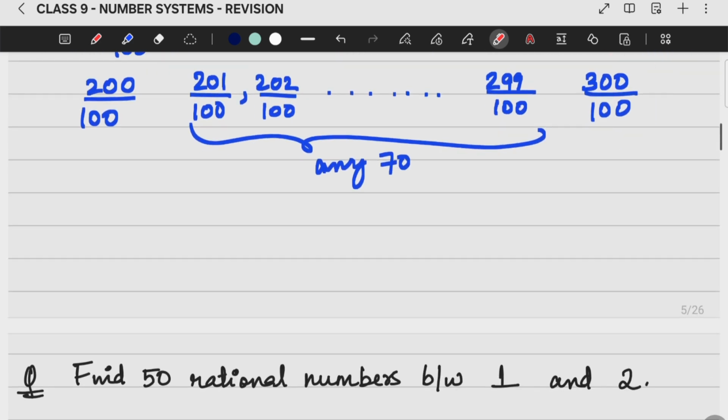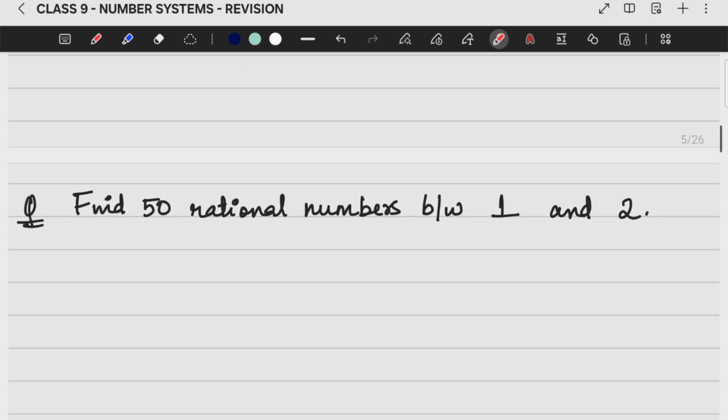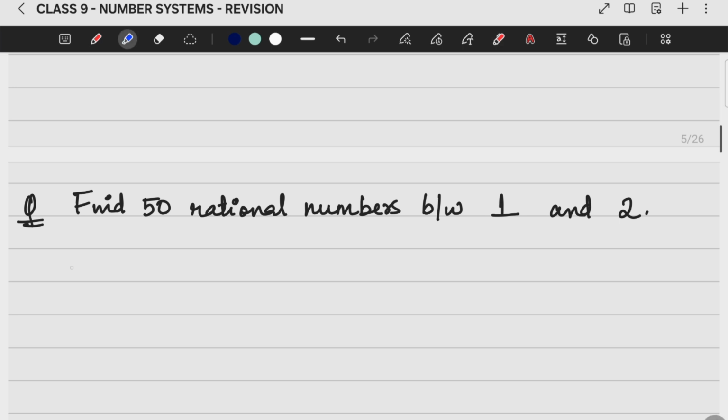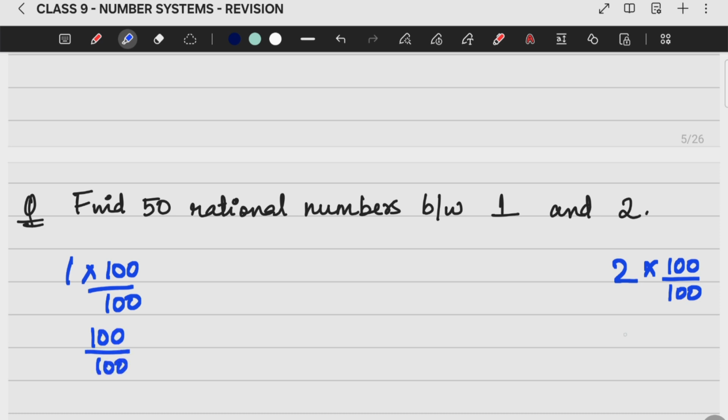The next one is find 50 rational numbers. So for 50, what will you do? Starting and ending is 1 and 2. Multiply numerator and denominator by 100, which will make it 100 by 100. And the last one is 200 by 100. You can choose any 50.